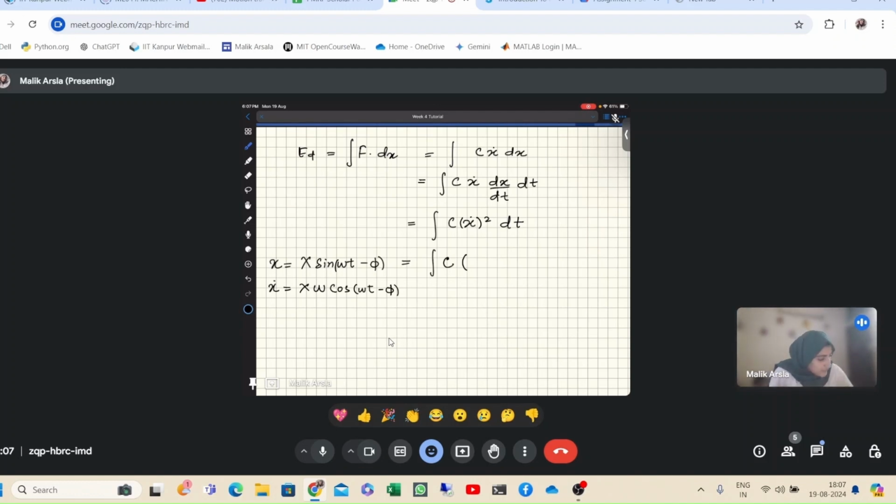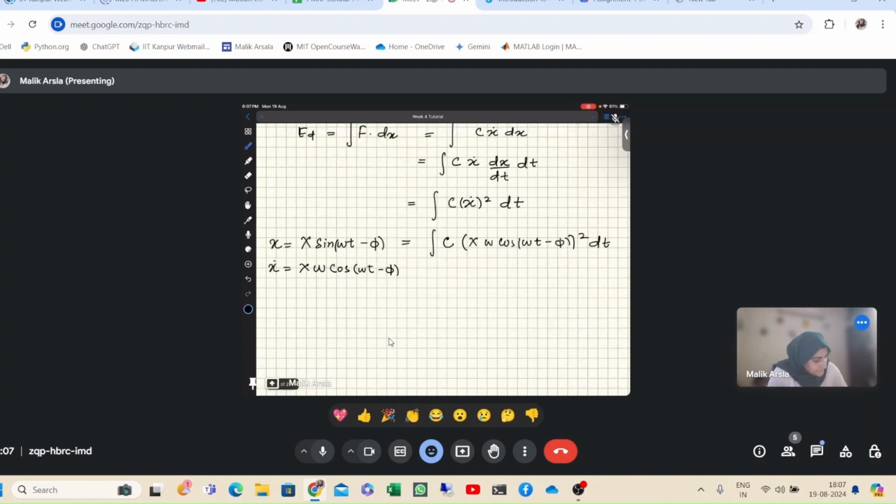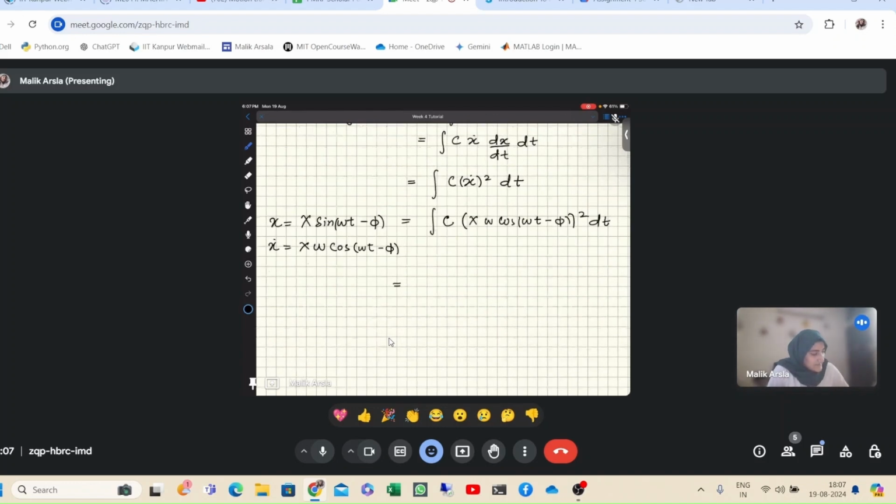So we can put it here, so it will be X omega cos of omega t minus phi, this whole thing squared, and then dt. Now this c X square and omega square we can directly take outside because they are constants. Then we have to integrate cos square of omega t minus phi dt.